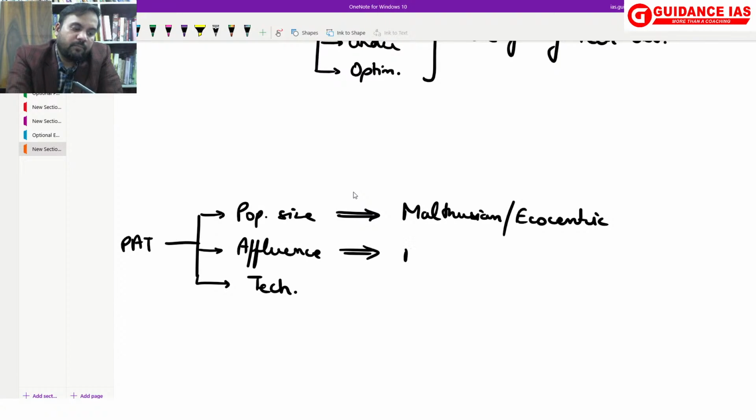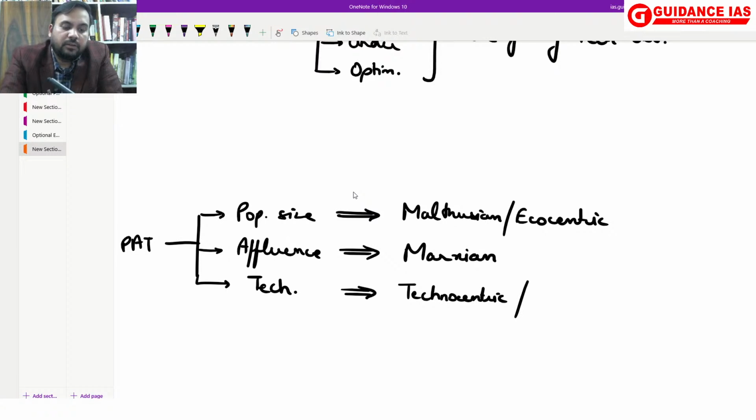This is Marxian view, and this, if you talk about, is what we call the technocentric or the cornucopians. Cornucopians. Okay. So I hope these terms are clear to you.